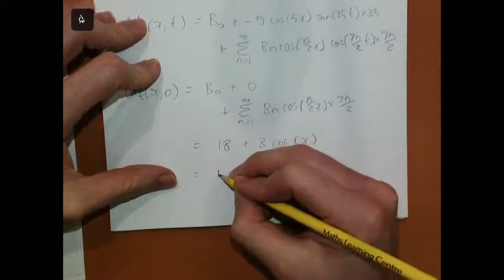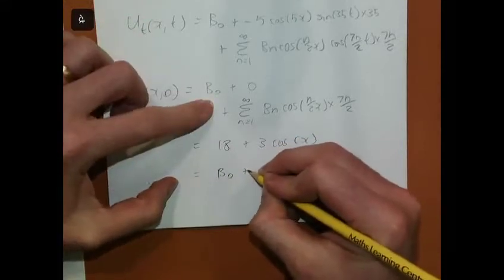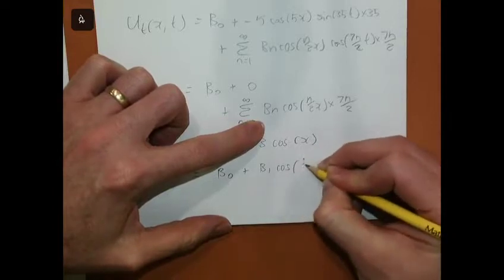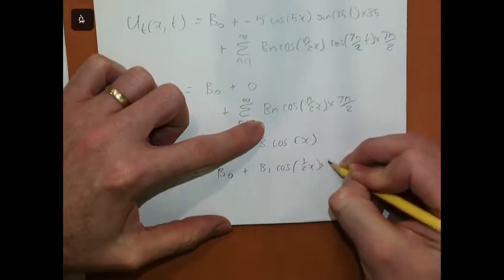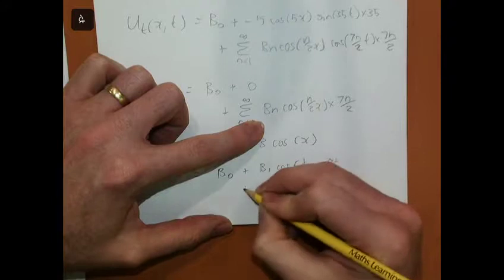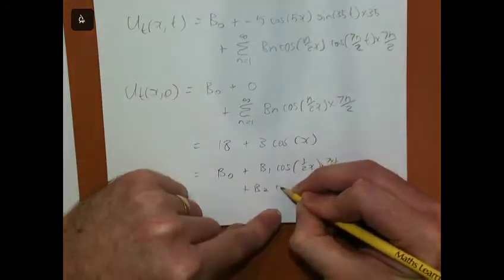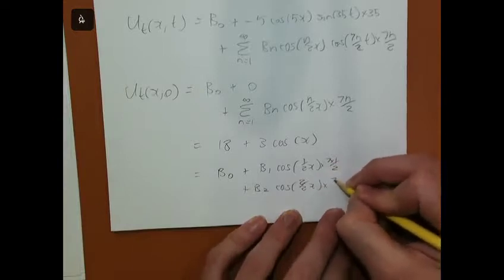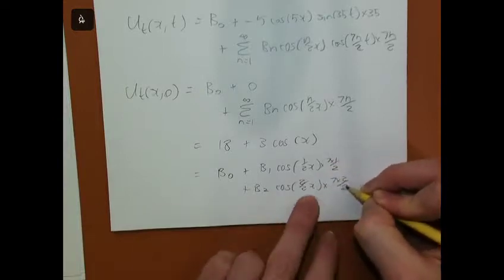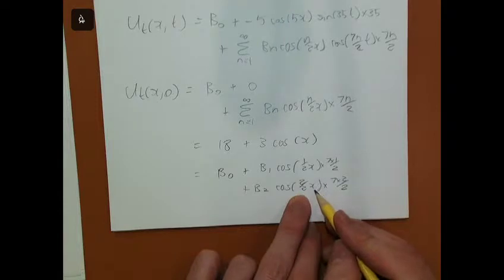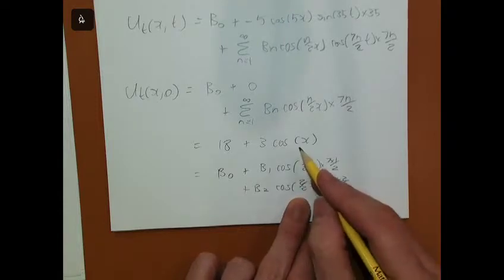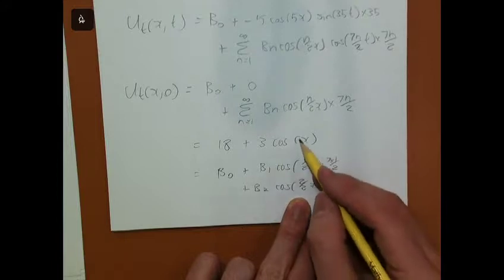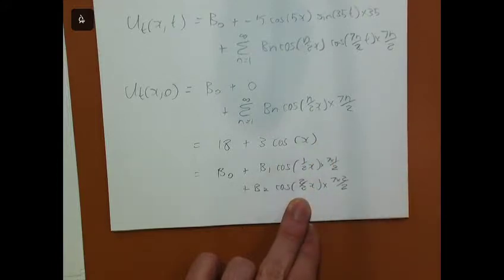So I've got b0 and b1 cos 1 on 2 x times 7 times 1 over 2 plus b2 cos 2 on 2 x times 7 times 2 over 2. Aha, that's the right one. Cos of 2 over 2 x, that's the same as cos x. This is the one that matches. Now, if this had been like a 15x, I would have had to put some dots and go a bit further.